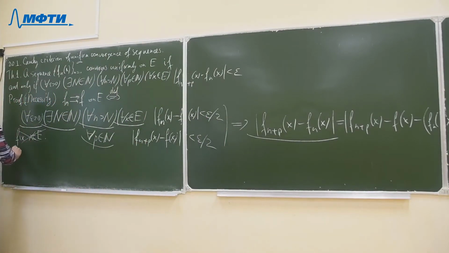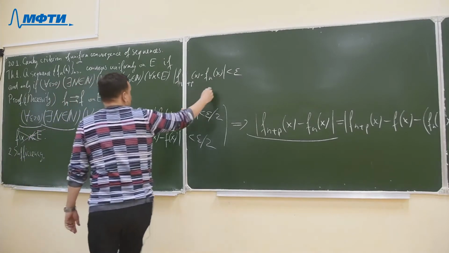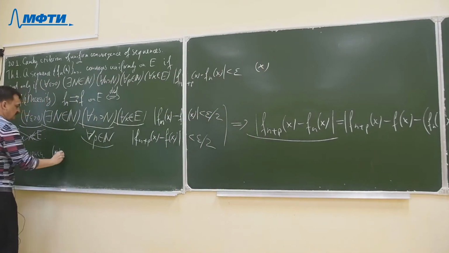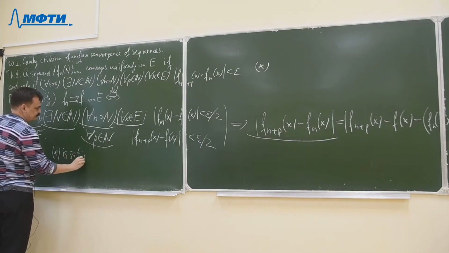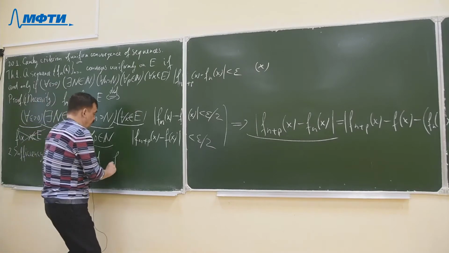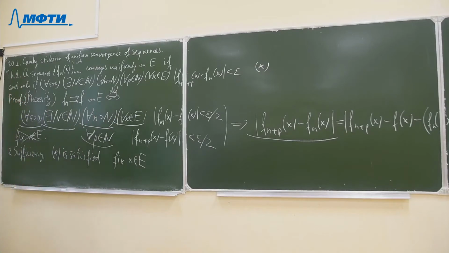Now for sufficiency. So now we have the chain of our quantifiers, let it be star. So star is satisfied. That is what we suppose. Again, fix x in E, arbitrary, of course.